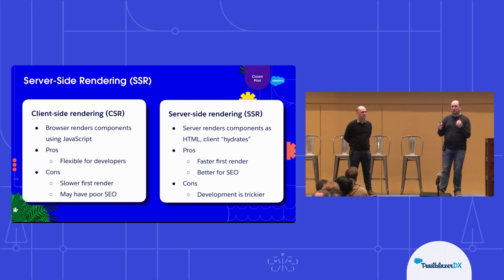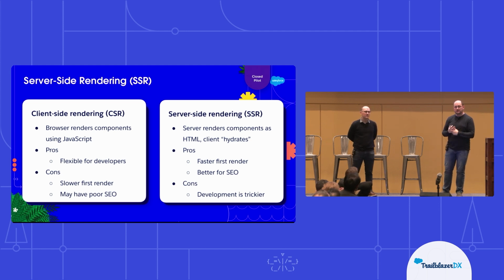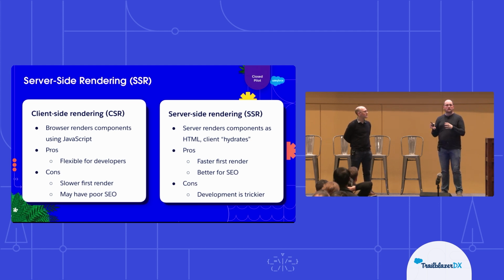There are some benefits here. There are performance benefits, so your end users are seeing content faster. You don't have to wait for all the JavaScript to run and all the data to be fetched before something's shown on the screen. That's a plus. It's also easier for search engines to index your site. So if you're working on something public-facing that you want Google to be able to find when somebody types in a related search query, then this sets you up to be more indexable and accessible from a search engine.